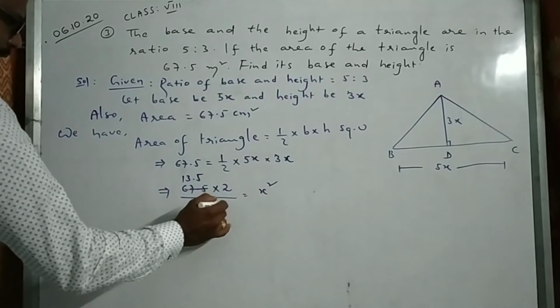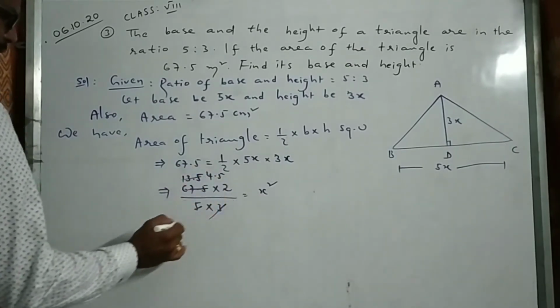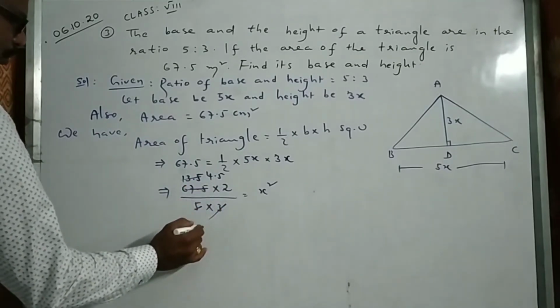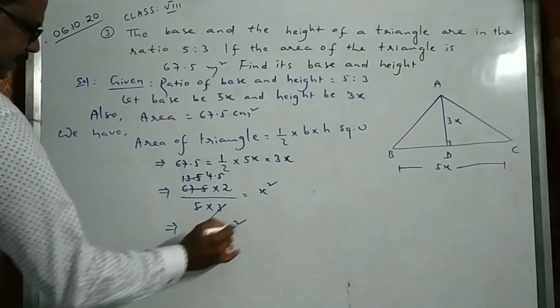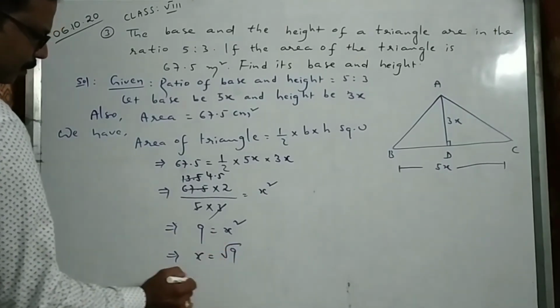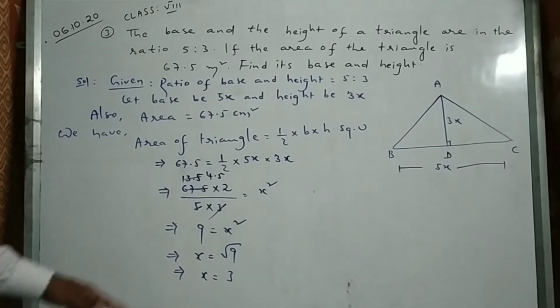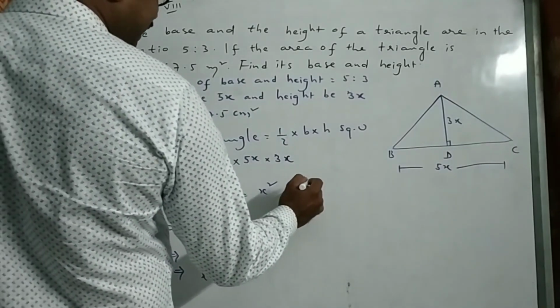So x square is 9, right? So x equal to square root of 9. So x value square root of 9 means 3. Square, if you bring this side, it becomes square root. Now I got x value 3, right?